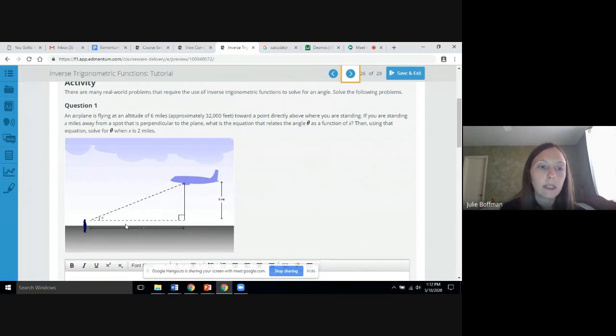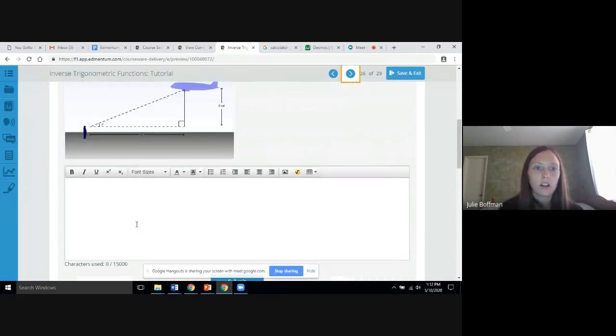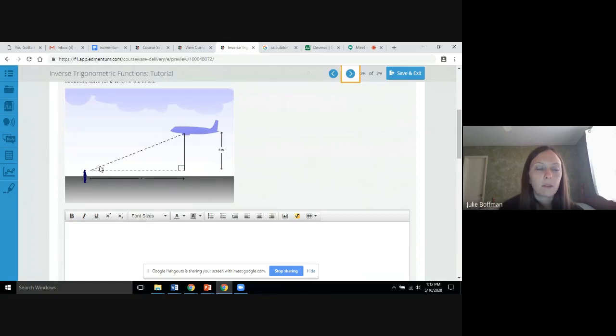So first it's just keeping this adjacent side X, and then they replace the X with 2. So here's our theta. How could you define theta? Well, we know if we're looking for an angle, then we're going to use inverse. Well, we want inverse what? We know the opposite is 6. We know the adjacent is x.